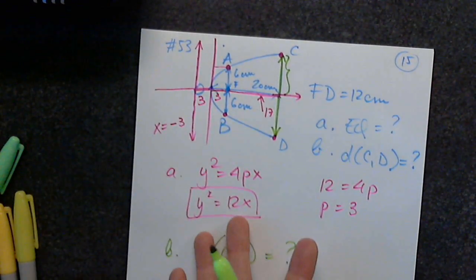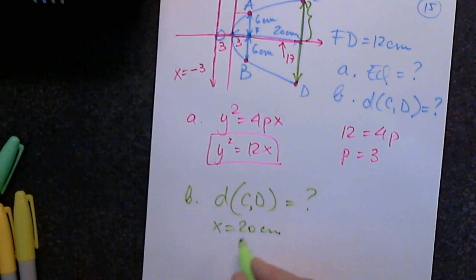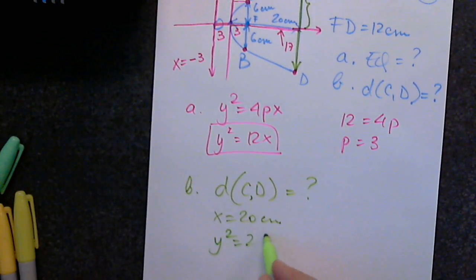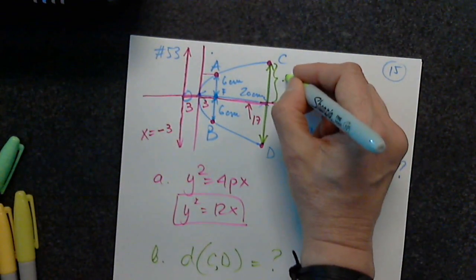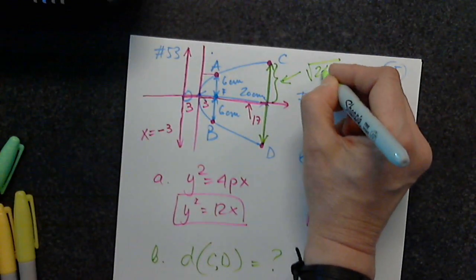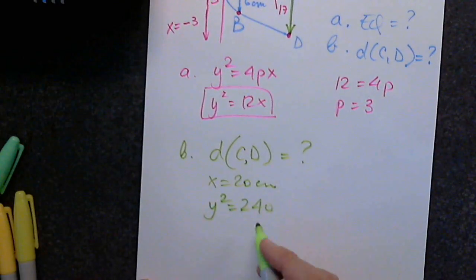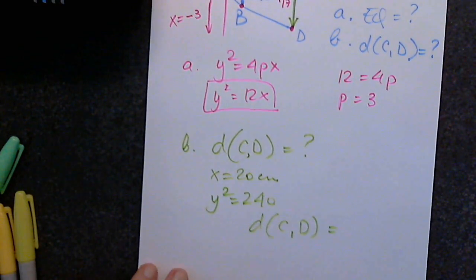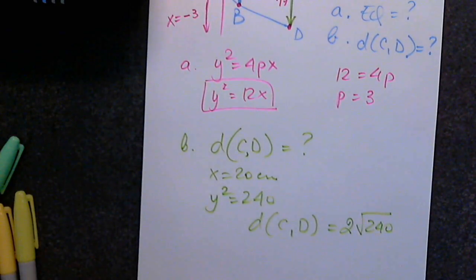I have the equation. So x equals 20 centimeters. Then y squared equals 12 times 20, 240. And then I will be able to determine this piece as being the square root of 240. So then the diameter CD is definitely twice the square root of 240. Is that clear?